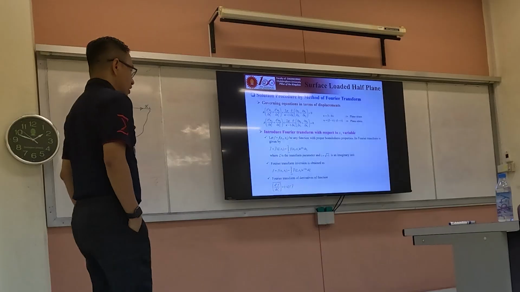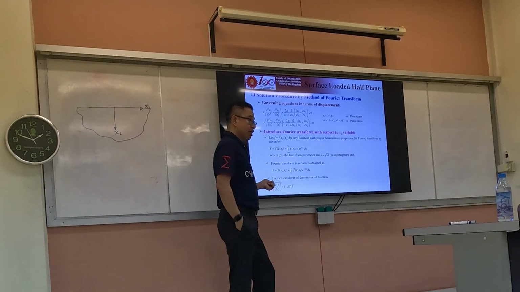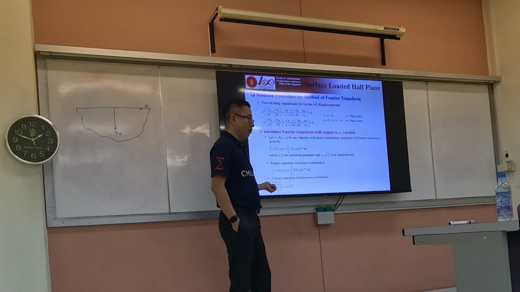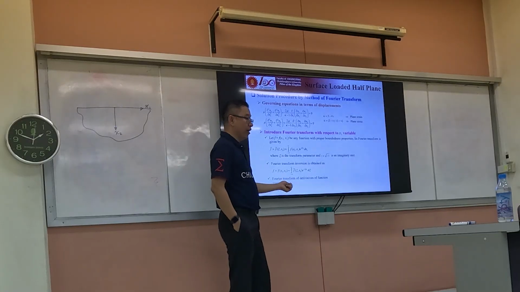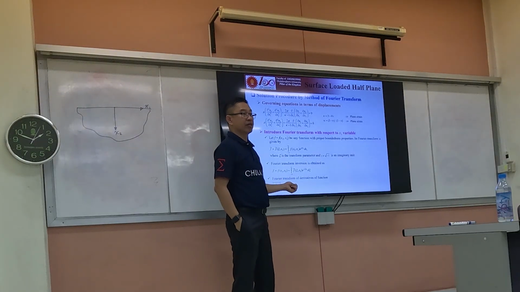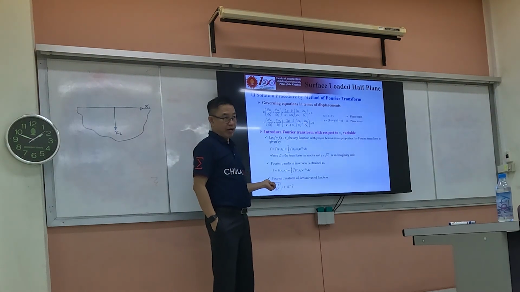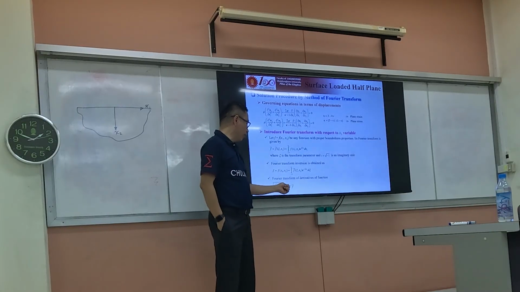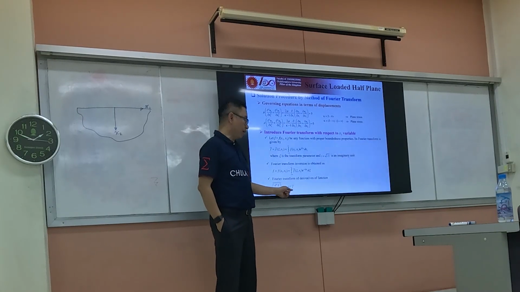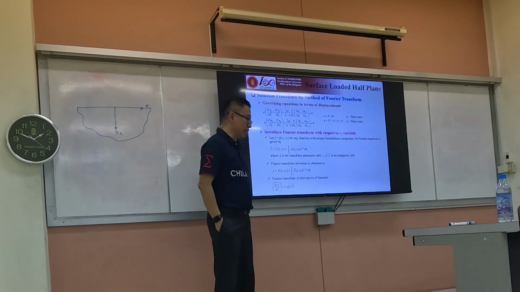It's not very difficult to prove this. What I try to say here is that the transform of the derivative of a function can be converted into the transform of the function itself. Or you can say that the derivative here can be eliminated and replaced by the transform of the function itself, but you need to modify it by this quantity.